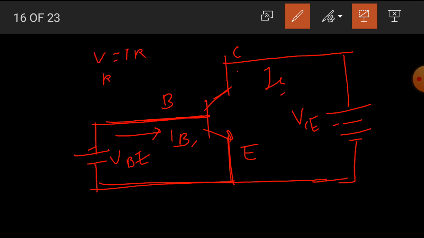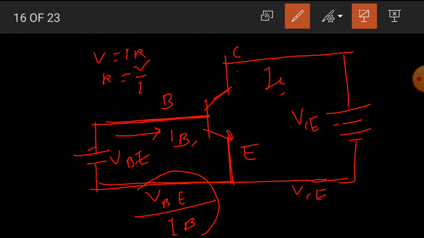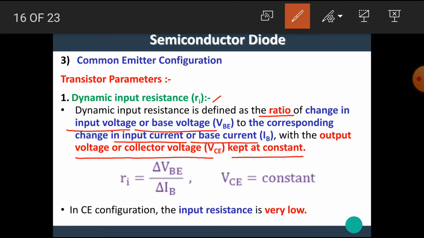So R is V upon I. At the input side, V is VBE upon I is IB. This is the input resistance. Similarly, we can calculate the output resistance such as V is VCE upon IC. This is the output resistance. I hope now you all understand how to calculate input resistance and the output resistance.